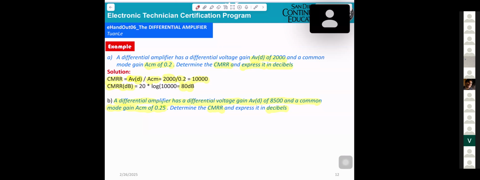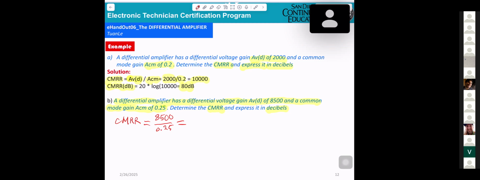Okay, let's see the CMRR. The ACV is 88,500 divided by 0.25, which is 34,000.